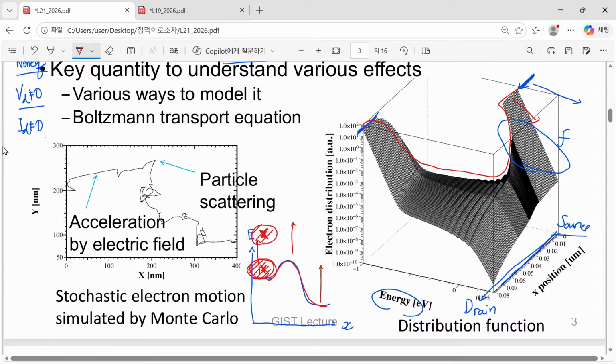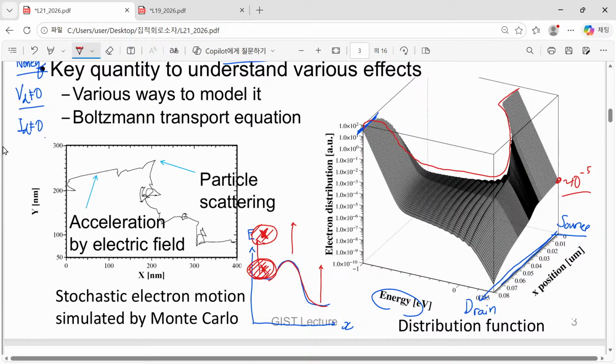So exactly the same information can be obtained by this distribution function. For example, here we have a certain position whose value, I don't know exactly what the value is, but let's say just about 10 to the minus 5, for example.